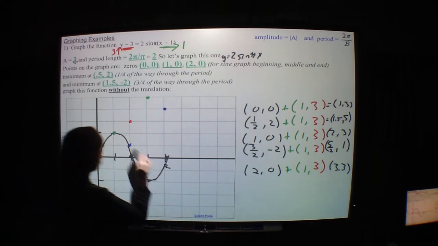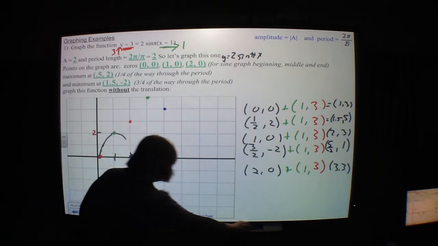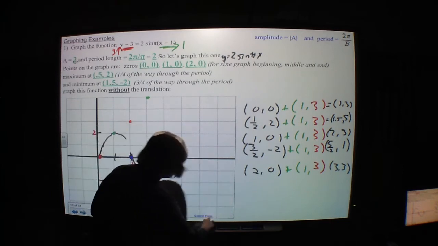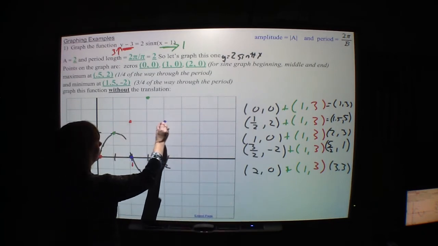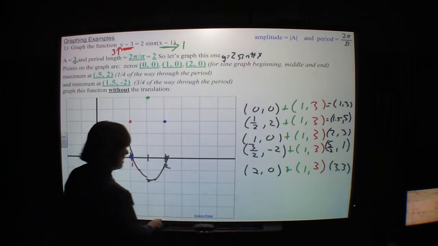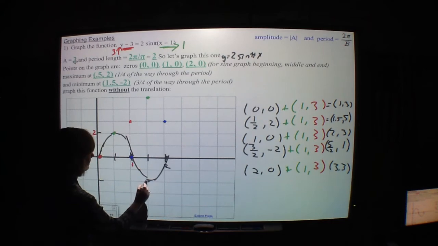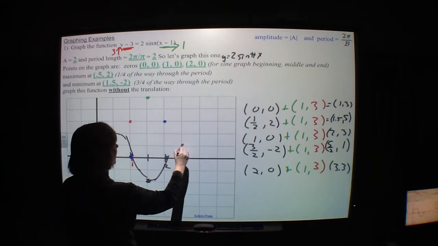It's not that point, it's this point. There. 1 to the right and up 3. 1, 2, 3. Sorry about that. Different color on the black this time. This point right here, 1 to the right, 1, 2, 3.